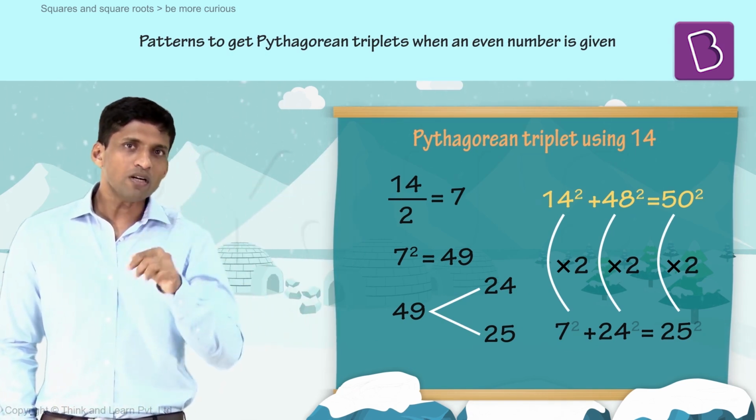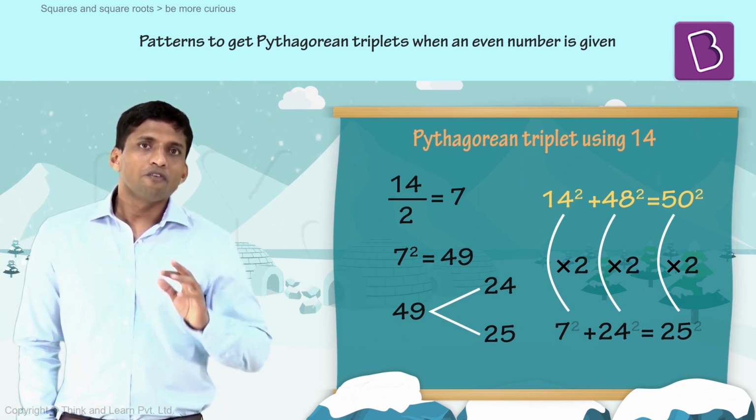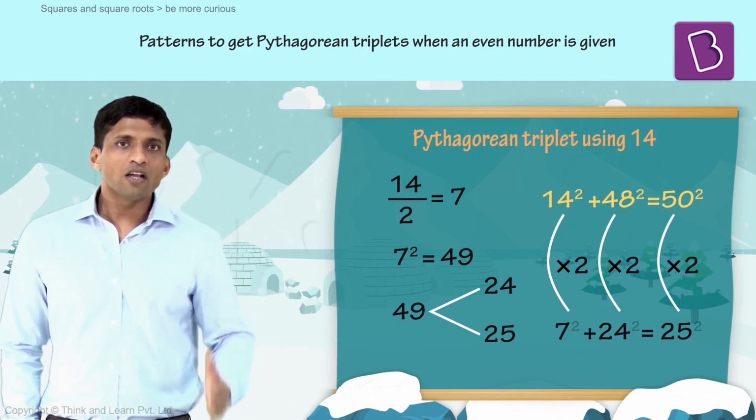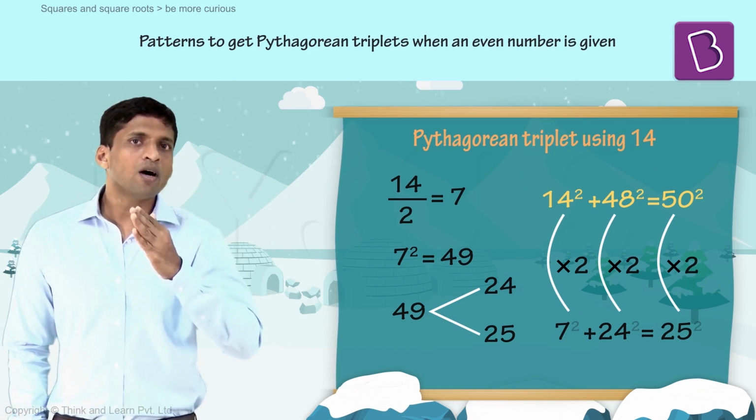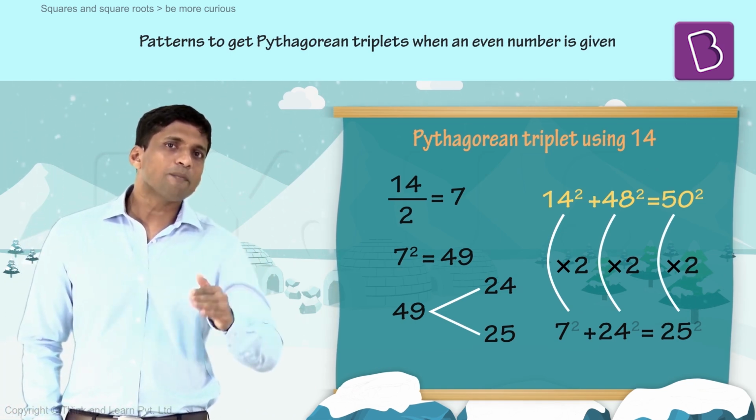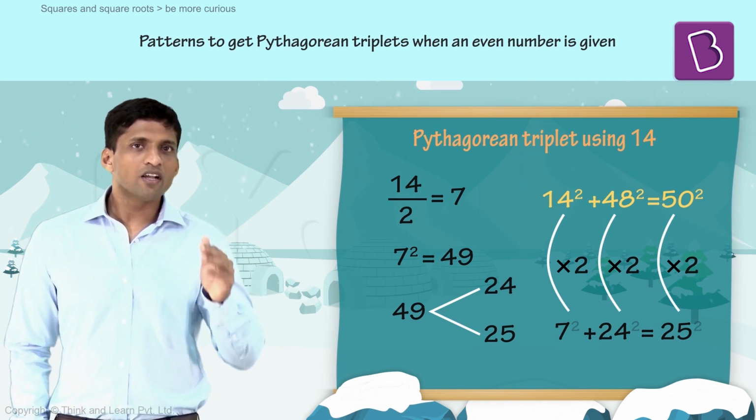So the method is very simple. If there is an even number for which you have to complete the Pythagorean triplet, you divide it by a number and get an odd factor, then complete the Pythagorean triplet using the previous shortcut.